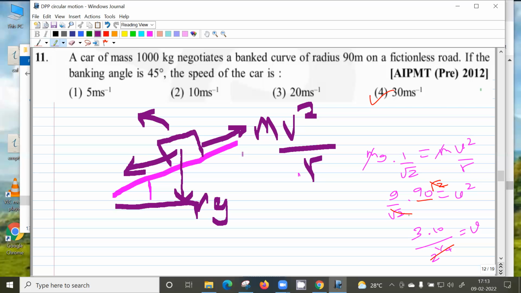Okay. All right. This mv square by r direction is wrong. This is not the direction of mv square by r. The direction is this way. So I have to take the component.